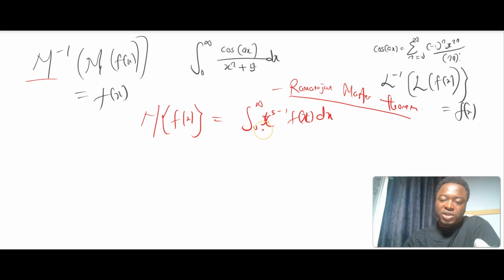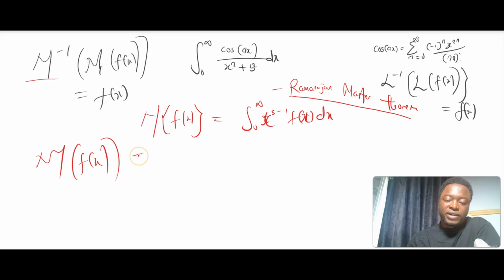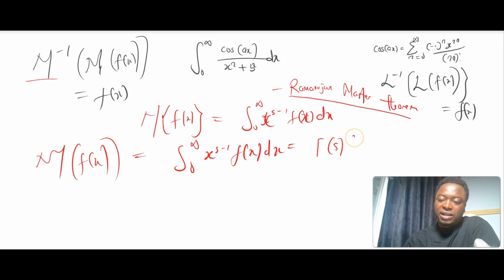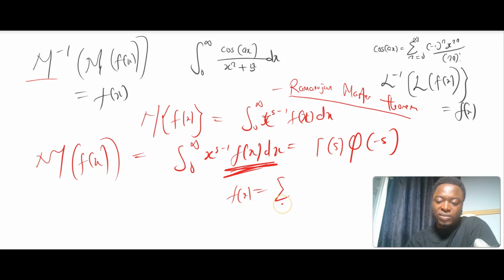So the Ramanujan Master Theorem says that if the Mellin transform of f of x, which we define to be the integral from 0 to infinity of x to the s minus 1 f of x dx, is equal to gamma of s times phi of negative s, it is possible that f of x be expressed as a series such that f of x is equal to the sum as n runs from 0 to infinity of negative 1 to the n phi of n divided by n factorial x to the n.